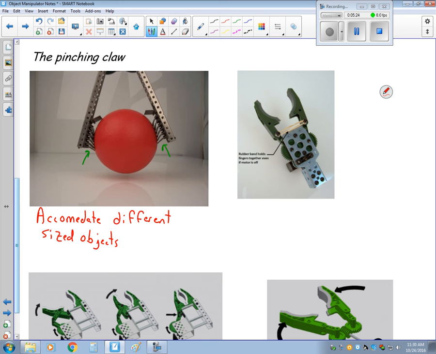When you design these, you need to have some sort of elastic give. So in this case, the rubber bands are providing some of that elastic give. If it's too rigid, you can break the parts. So for example, in this one, these little rubber paddles are providing the elastic give.